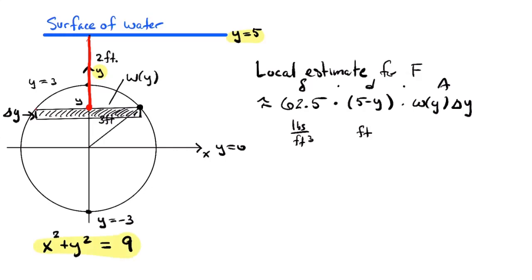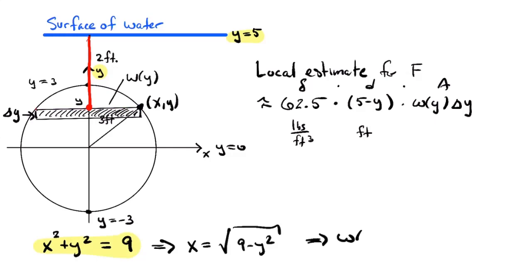Sorry, I can't find my laser pointer. I want to know this length. Well, that length is certainly twice the x coordinate of a point on this circle. If I label this point right there x comma y, that motivates me to take this equation and say x is the positive square root of 9 minus y squared.